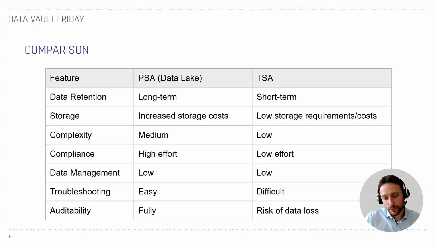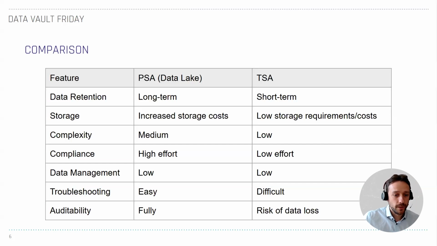In the book, there's a chapter about the stage, and there a TSA is actually described. So of course you can implement a Data Vault architecture with a transient stage. That's completely possible.